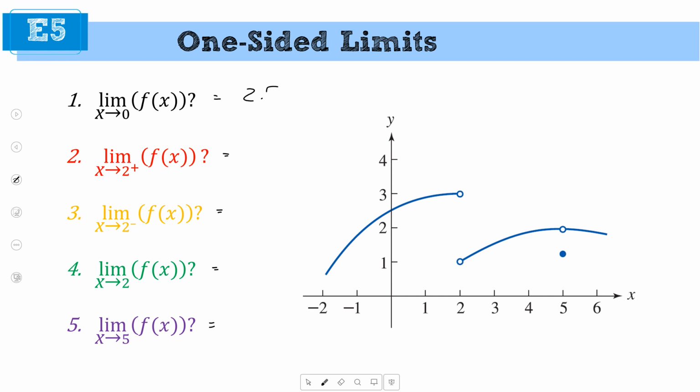Hold on. 1 is 2.5? That's what I thought. Yes? Sure. Yeah. Okay, we're going with it. Number 2? 1. Yes? Yeah. Okay. 3. 3? 3 is 3. How weird is that? How about the green, number 4?